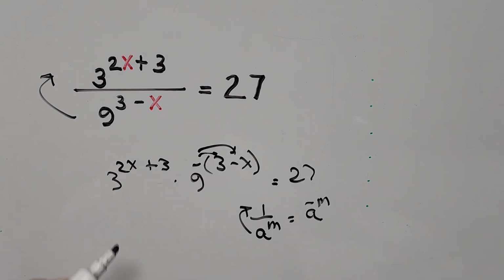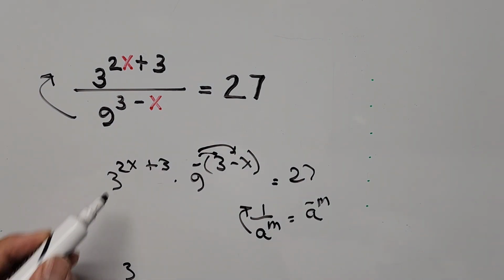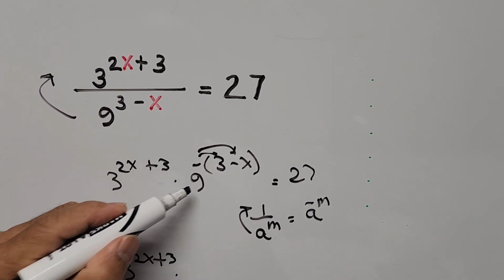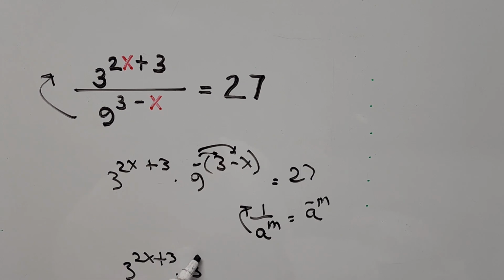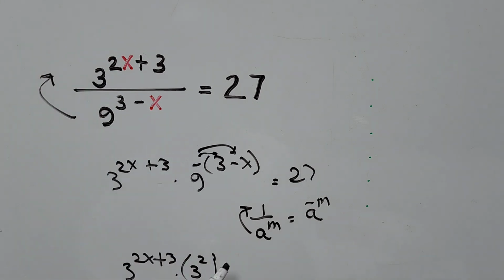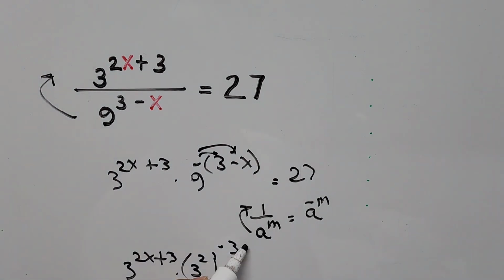So we have now 3 to the power of 2x plus 3 times 9 is 3 squared, raised to exponent negative 3 minus x, so we'll have that as negative 3 plus x. This is equal to 27.